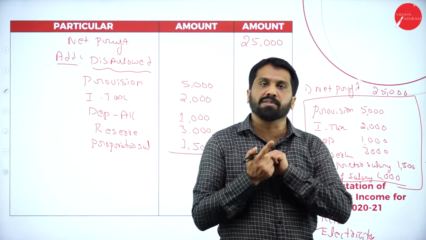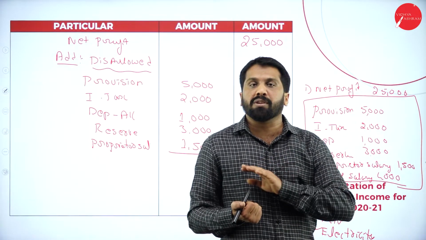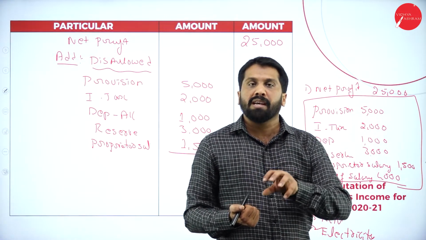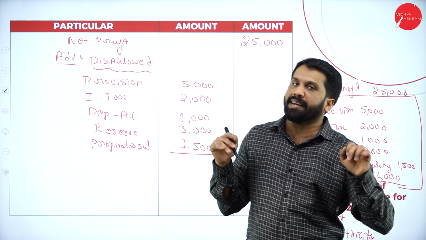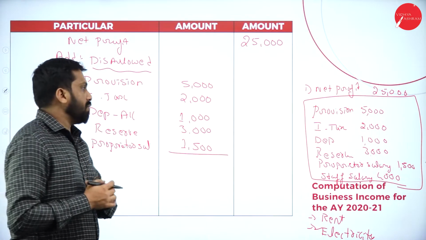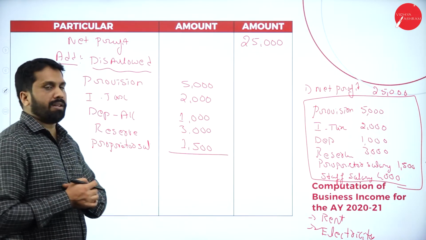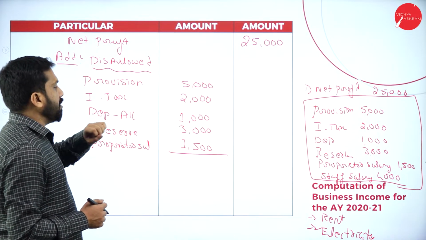House. That is also personal. Clear? And insurance. Insurance not on goods or stock, but insurance on life, that is life insurance. These are the 9 items which are called disallowed items, which have to be considered here. Clear? Yes.